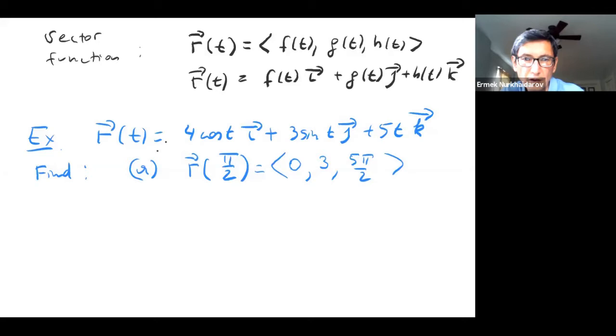And if needed, we'll figure out what kind of curve that is. For example, if you carefully look at this one, you see 4 cosine and 3 sine. So that kind of suggests that we will have an ellipse, and then 5t for z, which means your z is going to be shooting up faster and faster.